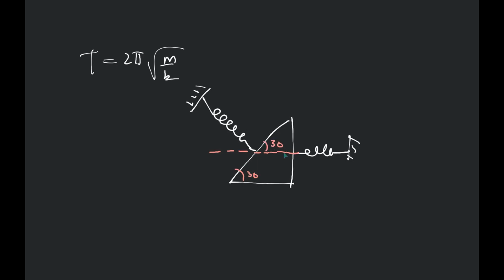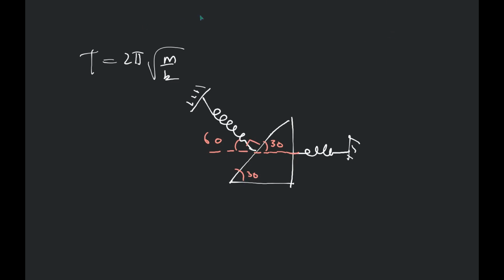This is 30 over here. So now this is 30, this is 90, this will be how much? This will be 60 over here, right? Correct. I'm just drawing a diagram over here to figure it out. So over here, my displacement will be different.